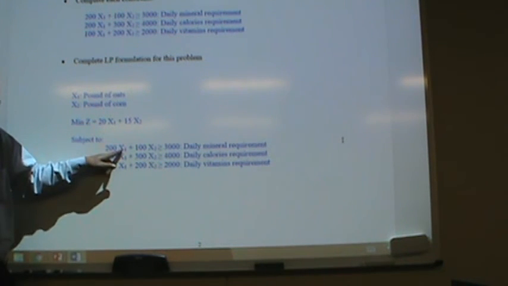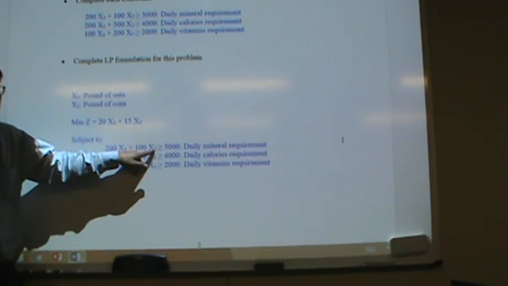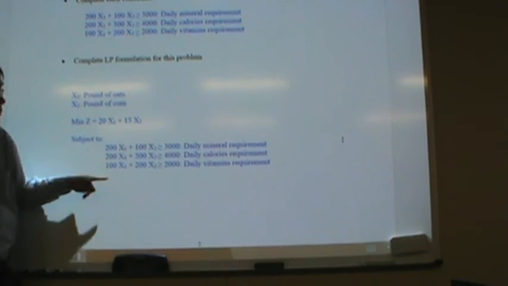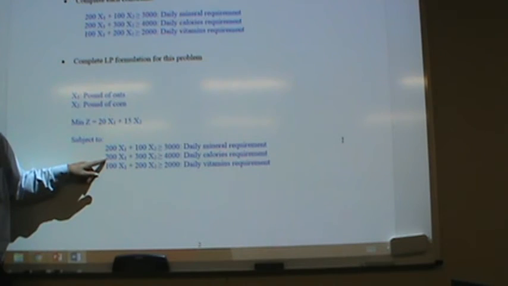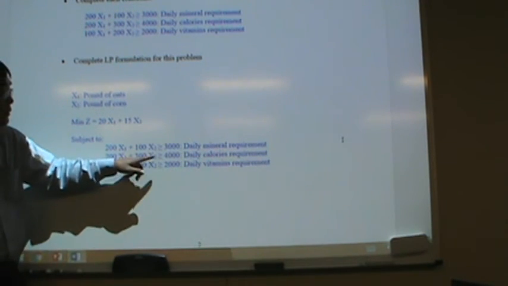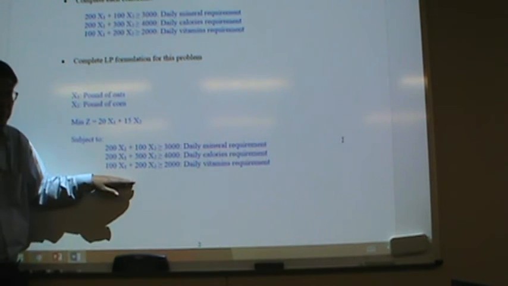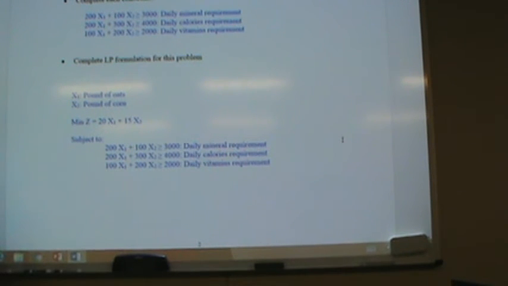From oats, 200 units; from corn, 100 units of mineral. From oats, 200 units of calorie, and 300 units of calorie from corn. The same for vitamins. This is the answer.